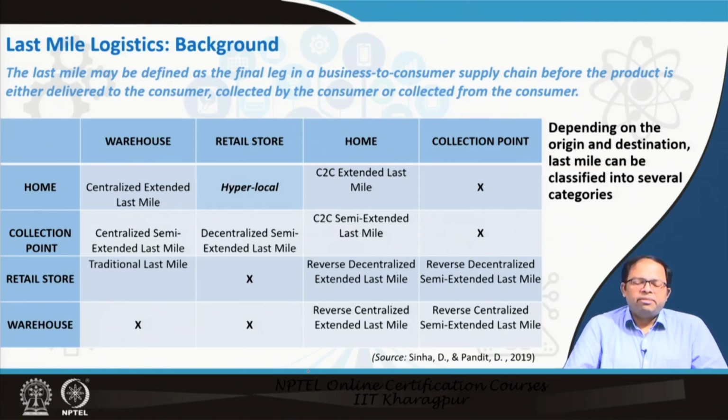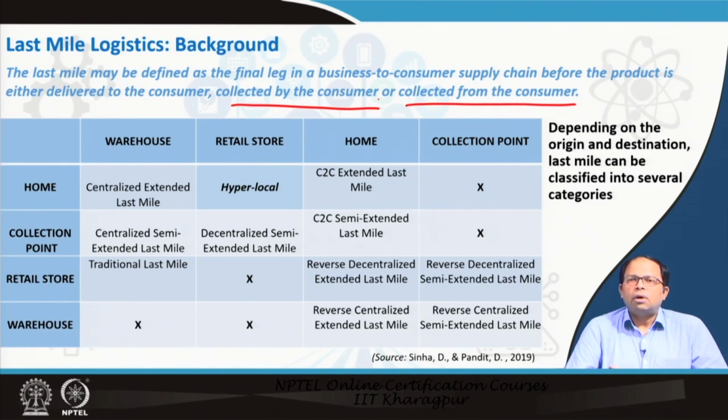Previously this part was not there. For example, we have a delivery center, from there I go and deliver it to the customer, and that is the last mile logistics. Then sometimes going to individual houses takes up a lot of time.